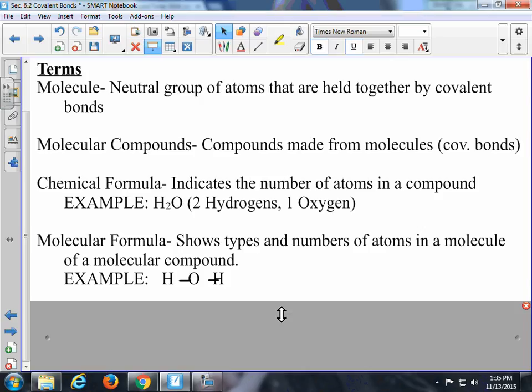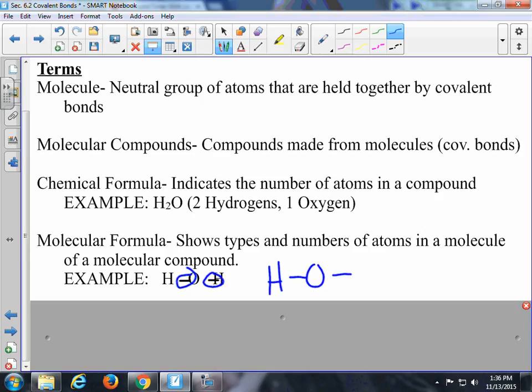We've talked about all 4 of these terms before. We talked about molecular formula when we talked about structural formulas, so it's really going to show the structure. These dashes here represent bonds, and it really should look like this. The dashes represent bonds. Oxygen is bonding with hydrogen twice on both sides, once on the left and once on the right.